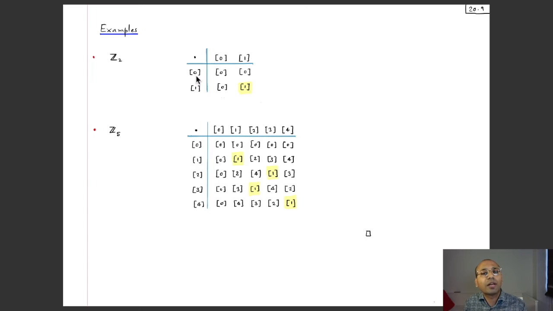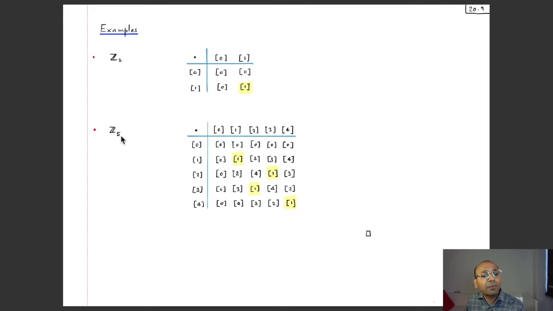The way to read this is: this multiplied by this modulo 2 is this one, and so on for the other entries. And we see that every non-zero element, well, there's only one non-zero element, namely the equivalence class containing 1, does possess a multiplicative inverse, namely itself, because when I multiply this with itself, I get the multiplicative identity, namely the equivalence class containing 1.